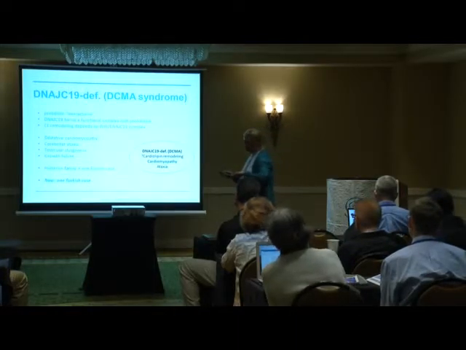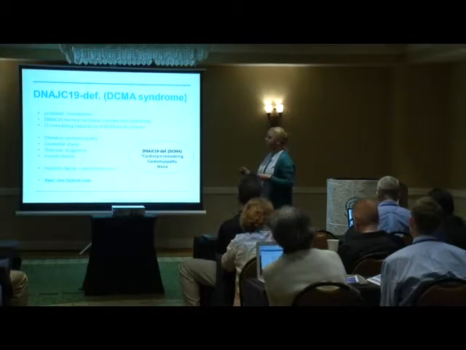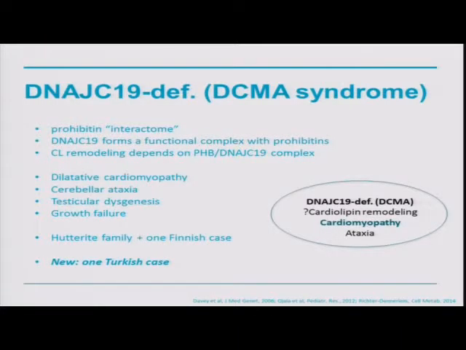Just very briefly about one other disease. This is DCMA syndrome due to mutations in DNAJC19. This has been first described in a large Hutterite family with dilated cardiomyopathy, cerebellar ataxia, testicular dysgenesis, and growth failure.